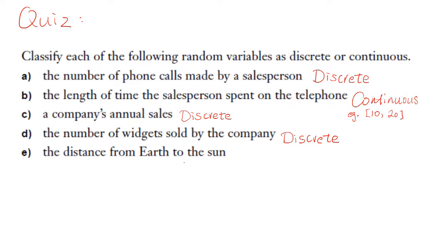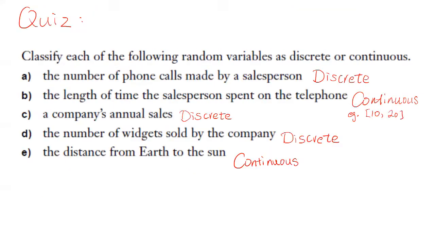E, the distance from Earth to Sun. Okay, this is continuous. Because space is usually continuous. For example, Earth's distance from the Sun varies continuously, since Earth moves in an elliptical orbit around the Sun, right?